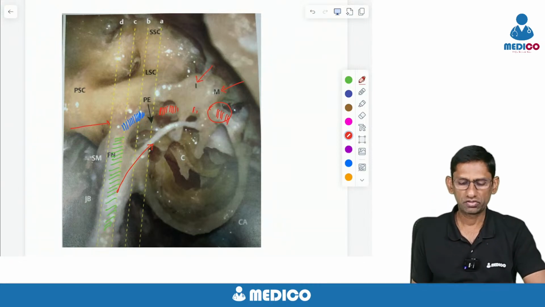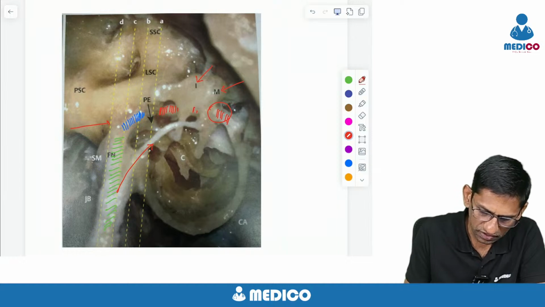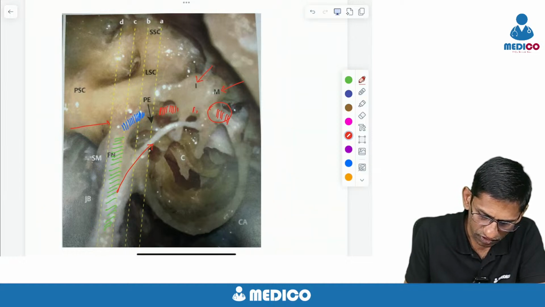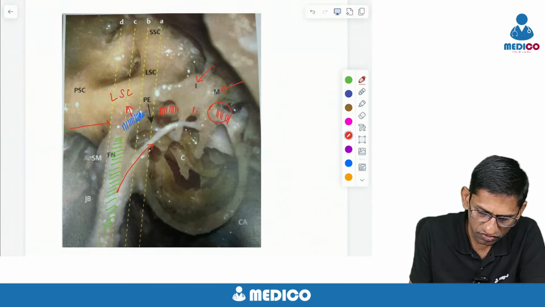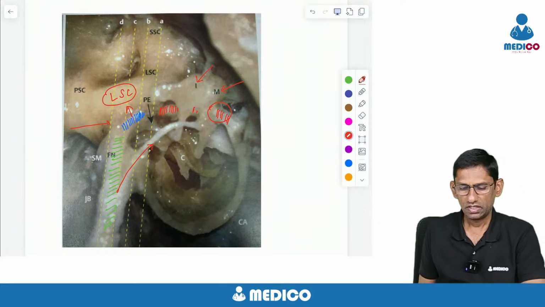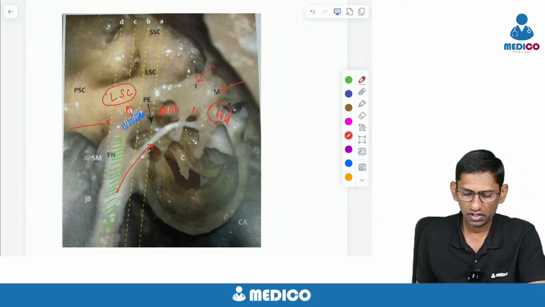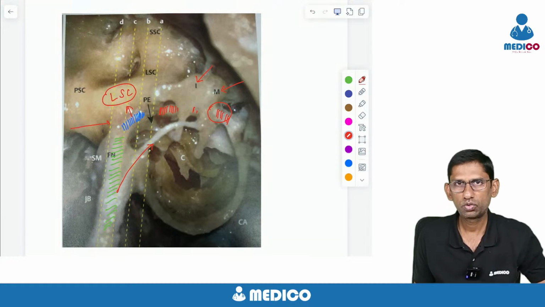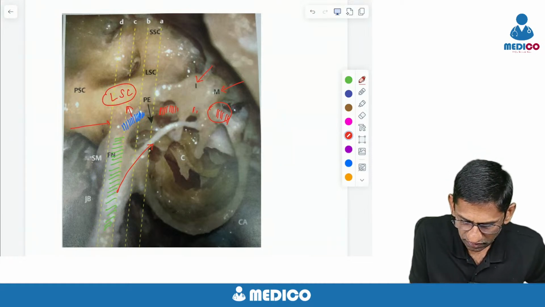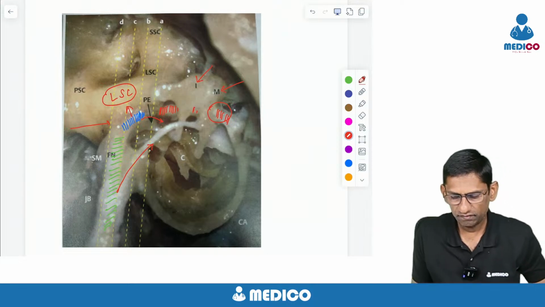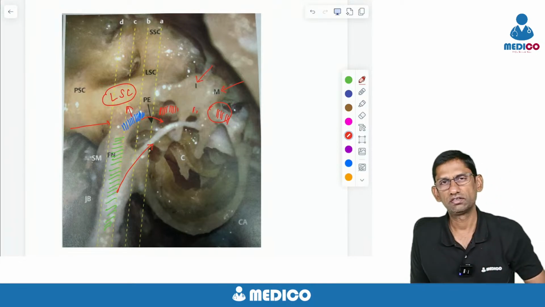What are all the landmarks? See, the second genu is lying in this area, and posterior superior to the second genu is the dome of the lateral semicircular canal. Please remember, the dome of the lateral semicircular canal is posterior superior to the second genu, and antero-inferiorly we have the oval window region.